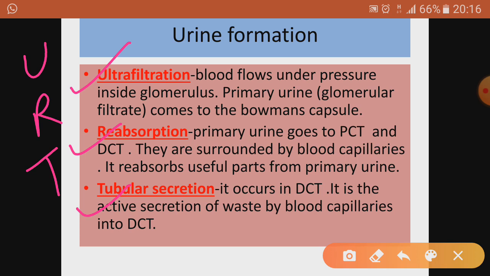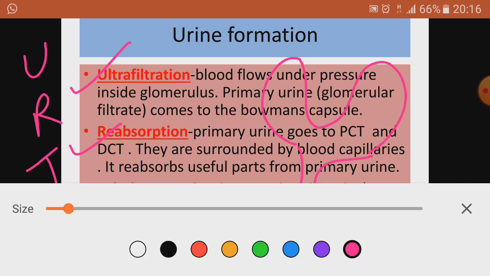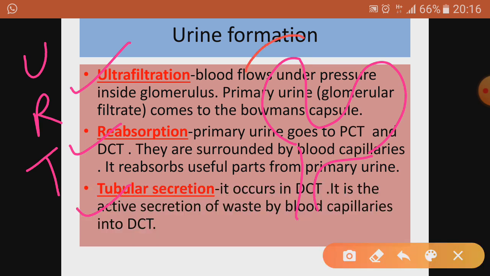So what happens during ultrafiltration? This is the Bowman's capsule. Then you have got the blood capillary here. Blood is present in this blood capillary, and when the blood moves in this capillary, it moves under a high pressure because the blood capillaries are very thin.